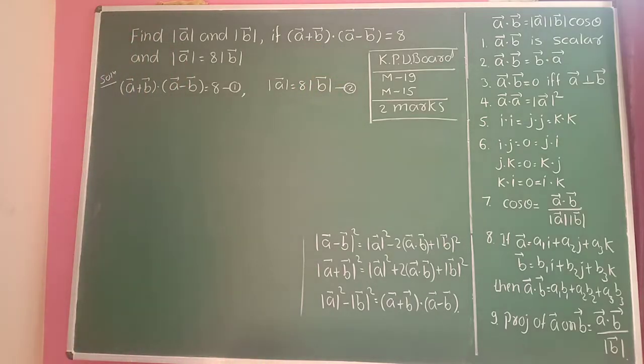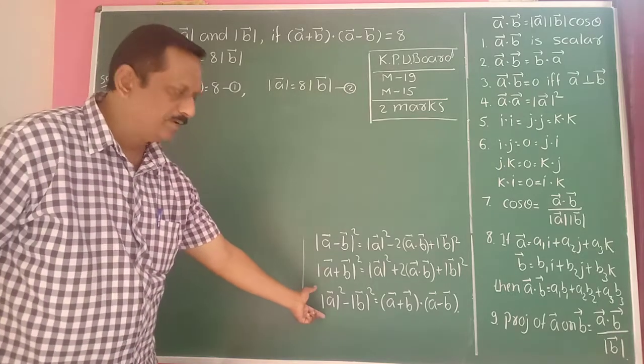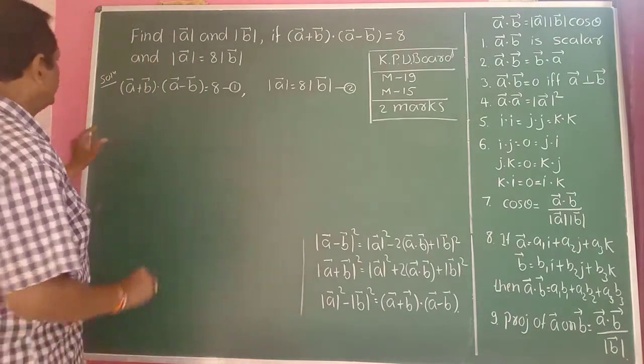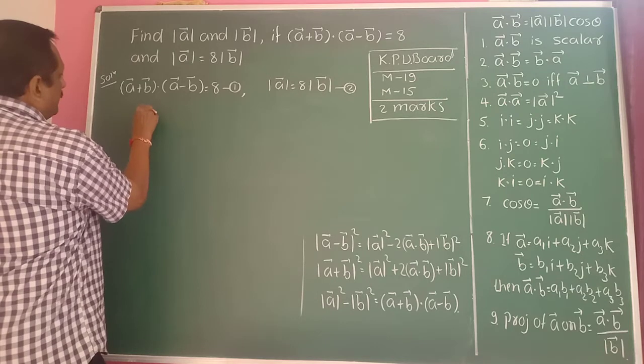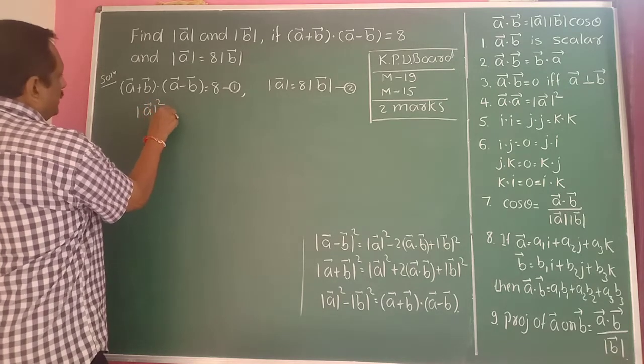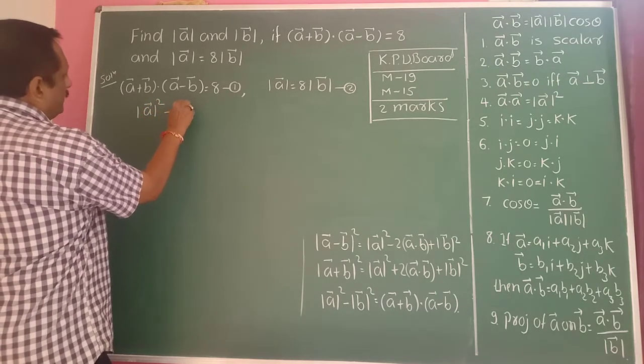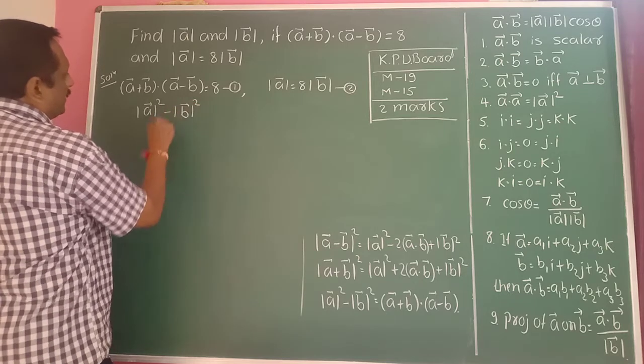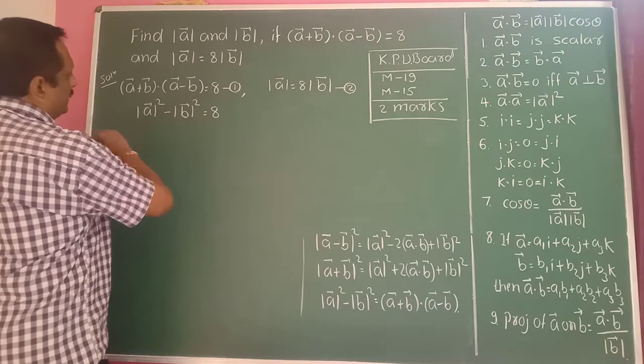Okay, so using this formula again, the product of these two is modulus of A bar square minus modulus of B bar square is equal to 8.